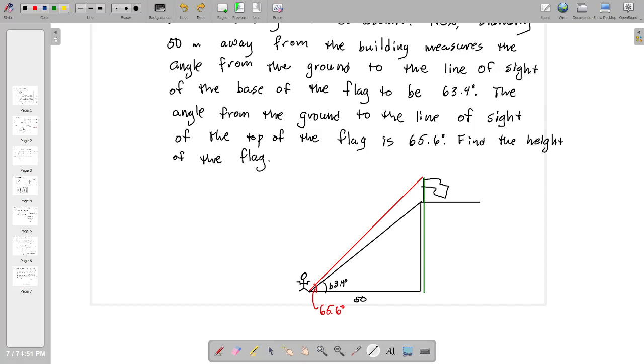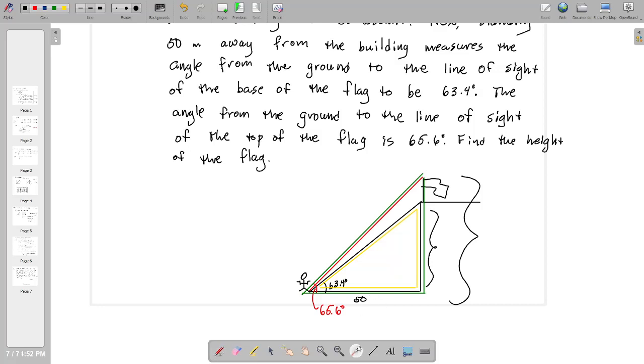We have a right triangle right here, and we have a smaller right triangle right here. So we're going to use the green and the yellow right triangles. Specifically, we want to figure out the height here of this green opposite side and the height here of this yellow opposite side, and then subtract them.